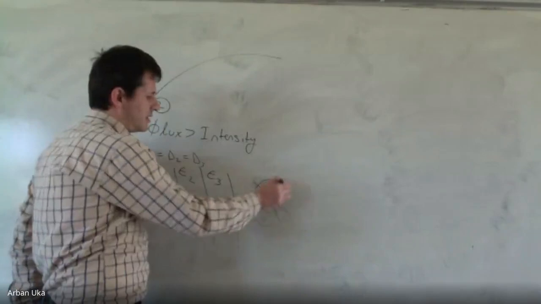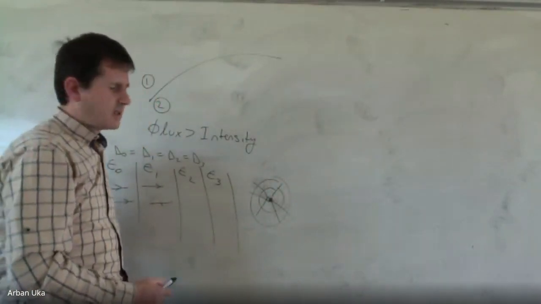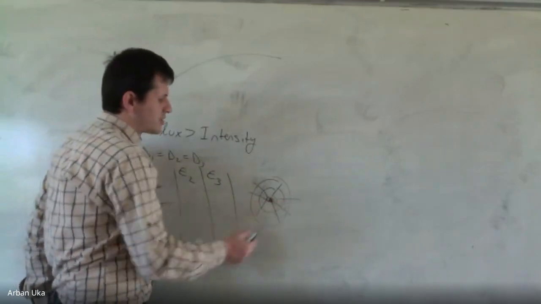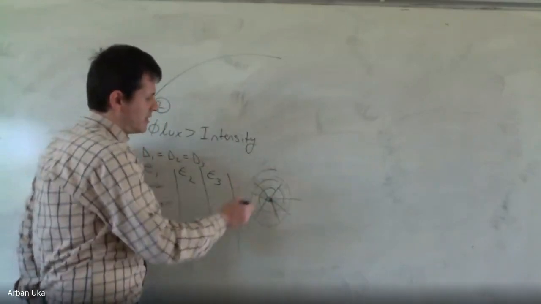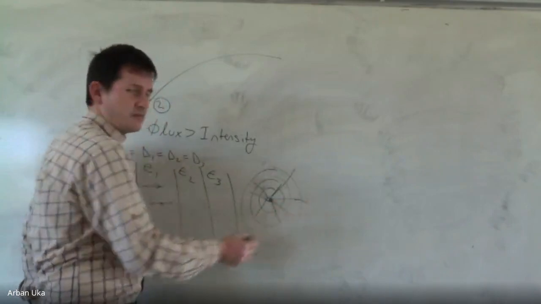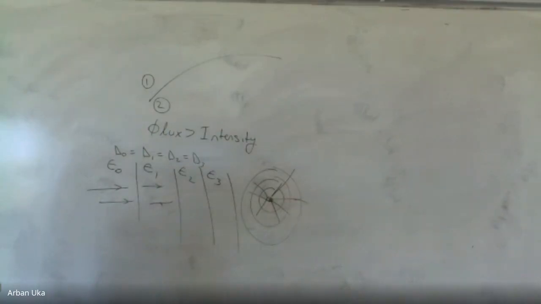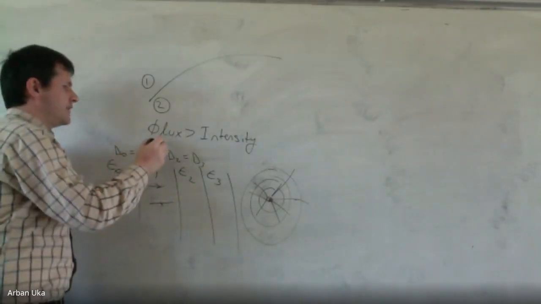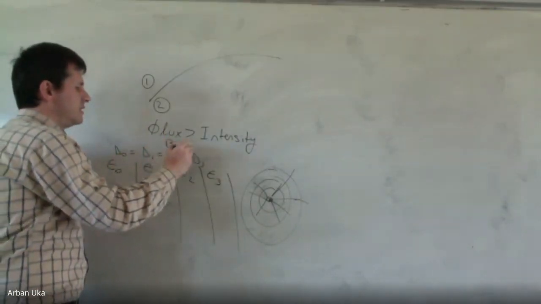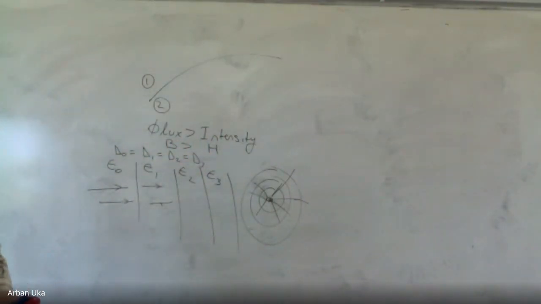So what will be the flux of this other surface area? What we are asking is, how many field lines are going to intersect this one? Well, it's the same. Then you come up here and see how many field lines are going to intersect here. It's still the same. So anything which is equivalent to a flux is more essential. And immediately, this means that the B is more, actually when you say essential, we have to pick the correct word.